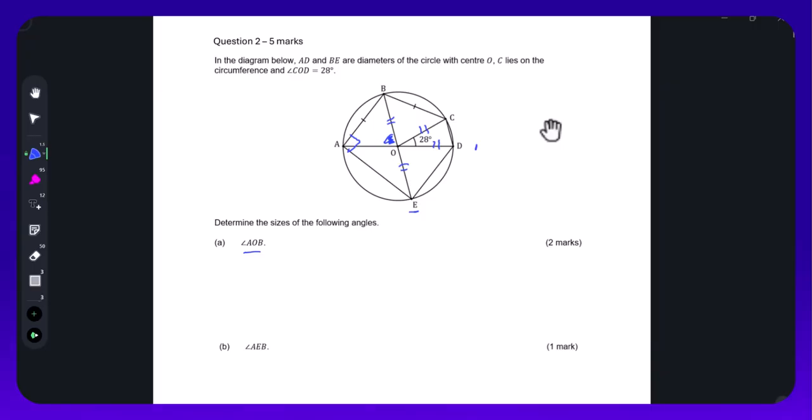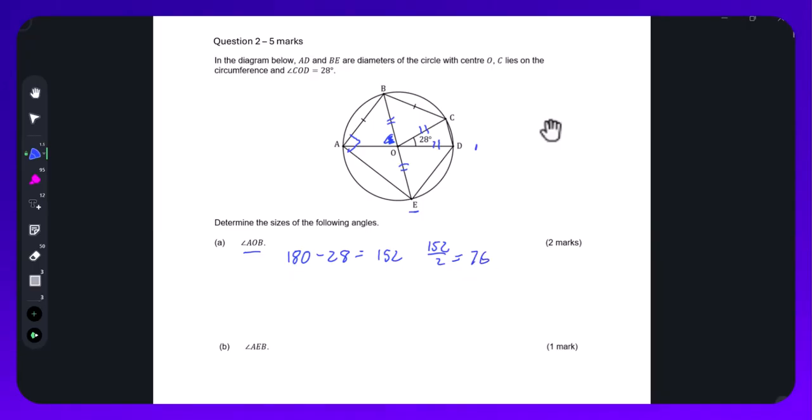Okay, first things first, triangle COD, it's isosceles. Therefore, I can work that one out, and it's going to be 180 take 28, which is 152, and 152 divided by 2 equals 76.